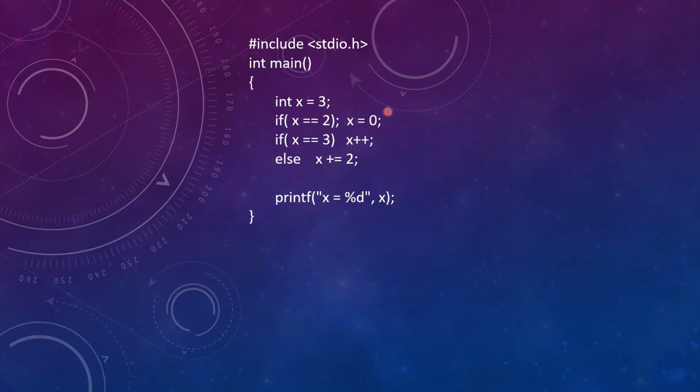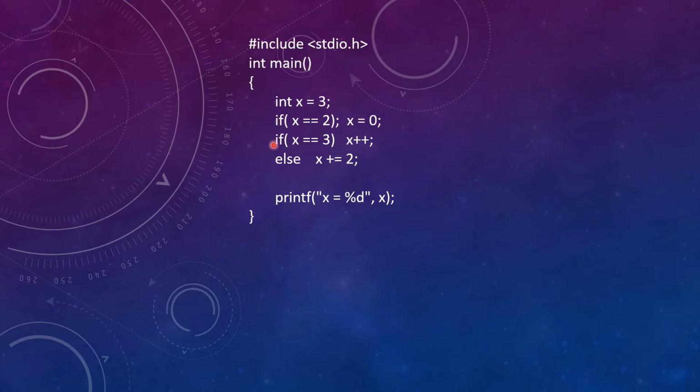The body of the if won't be executed, because without curly braces the body of any block, like a for loop, while loop, or if, defaults to one line. So this x equals 0 is within the if body, right?